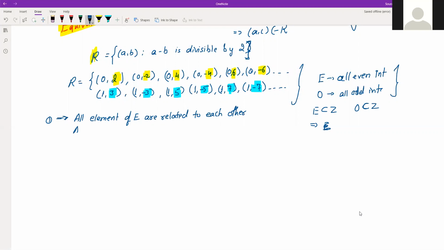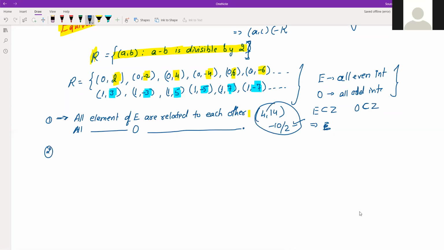Same way, all elements of O are also related to each other. Take any two odd numbers, they will be related under this relation. For example, 4 comma 14, they both are even integers. So 4 minus 14 is minus 10, and minus 10 is divisible by 2. So they are related. That is the first point.